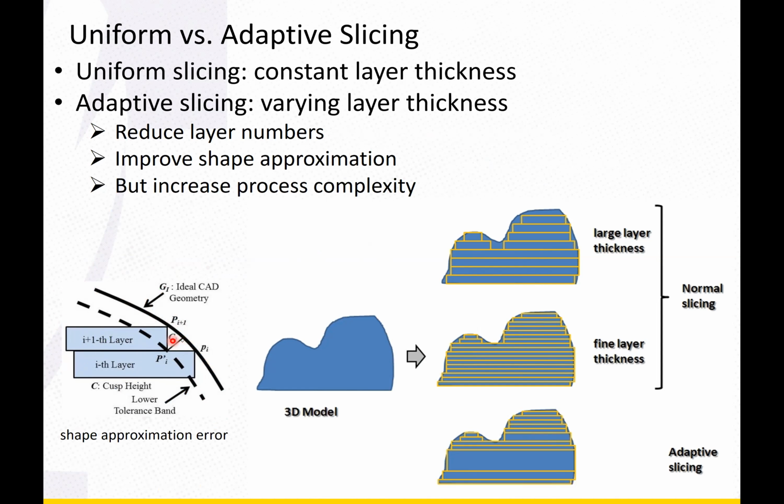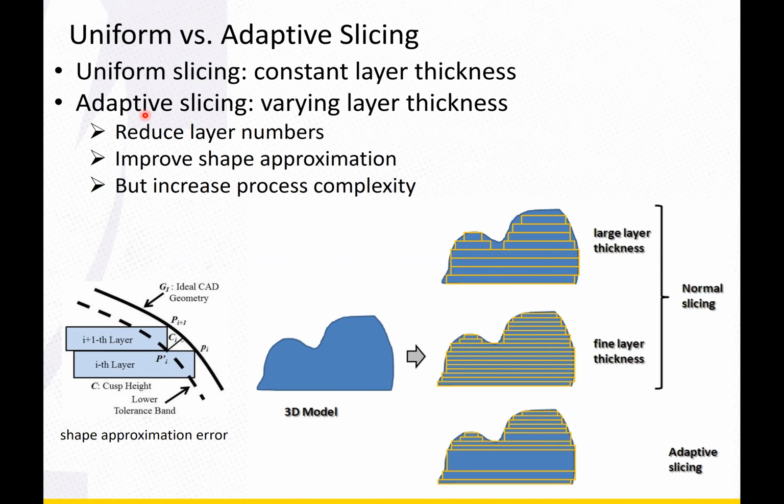So there will be some error here, right? The original bounding profile is something like this, but right now it becomes a zigzag shape. So that's the so-called step effect, and that brings error to the slicing process. And we try to solve these problems.